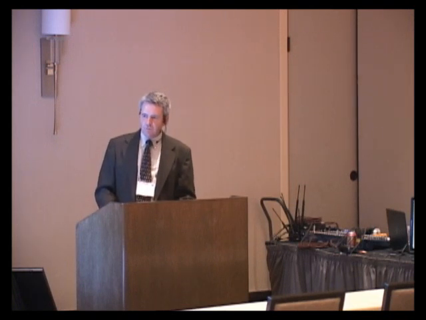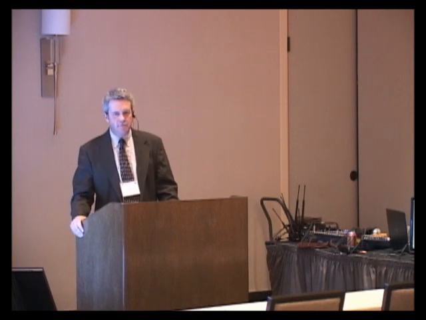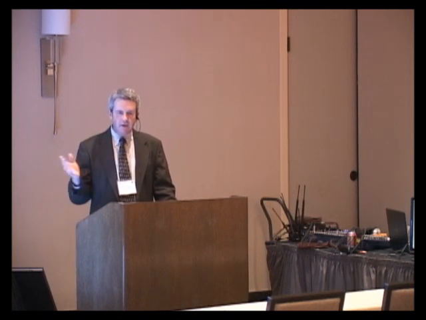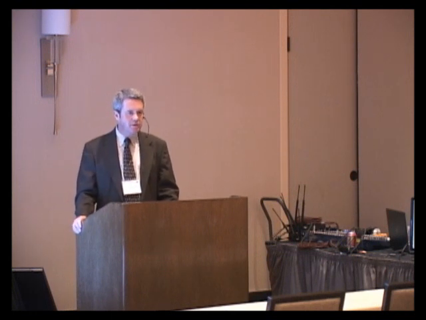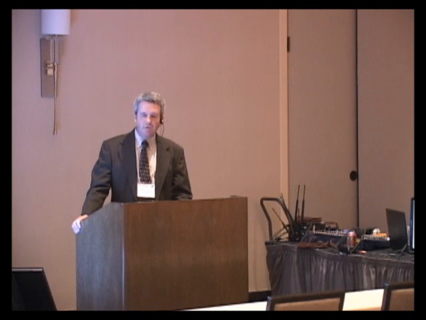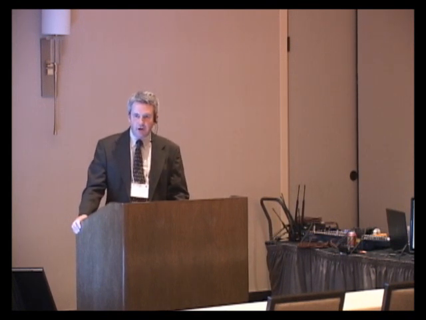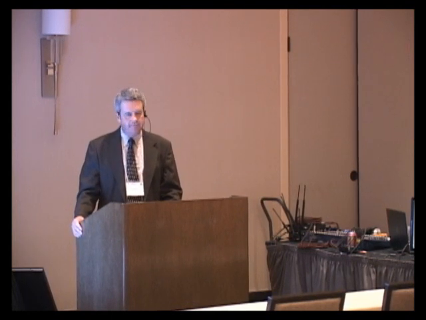So this locus was found not by mapping in large families like the chromosome 10 locus was found, but literally through reports of many, many different patients that had visible deletions, translocations, or inversions of this region. And some of these are de novo, some of them are familial with autosomal dominant transmission.